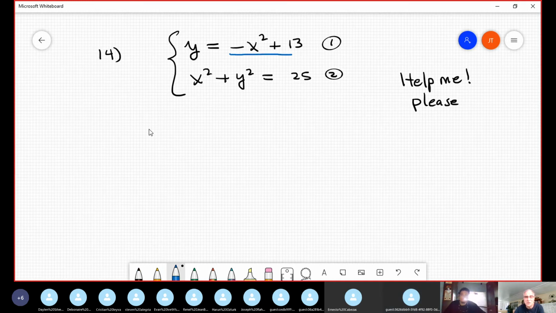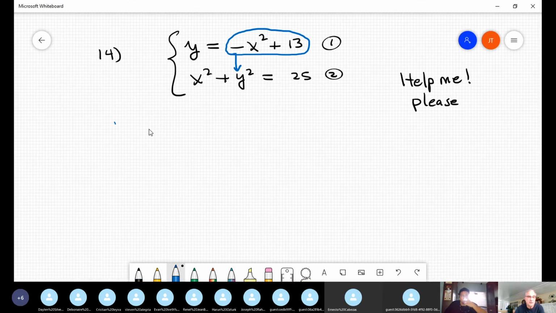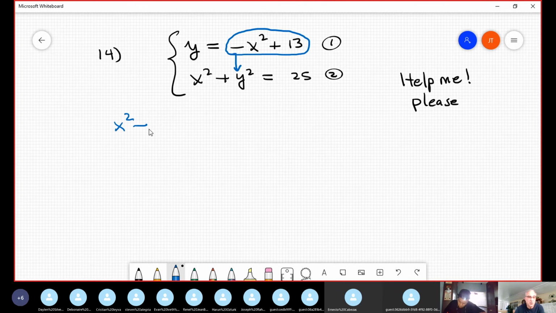So this expression is equivalent to y. I substitute here. End of the story. So say x squared plus parentheses minus x squared plus 13, squared, equal 25. This is my new equation.